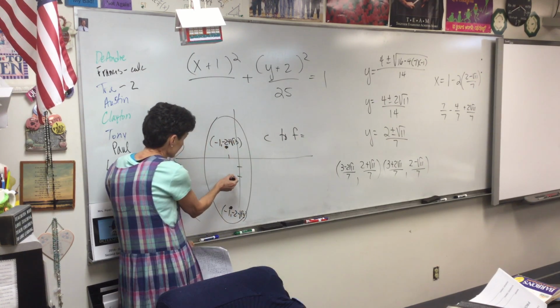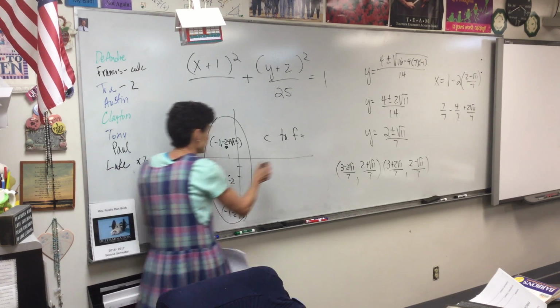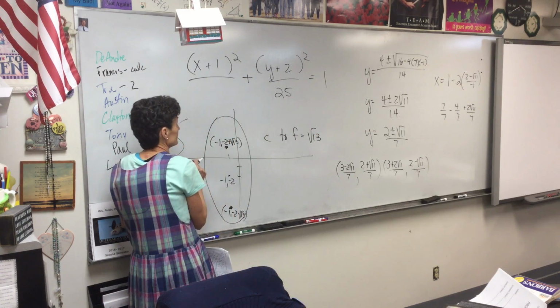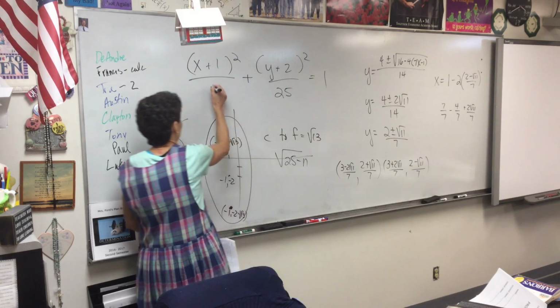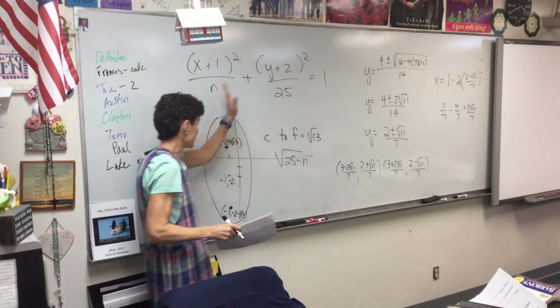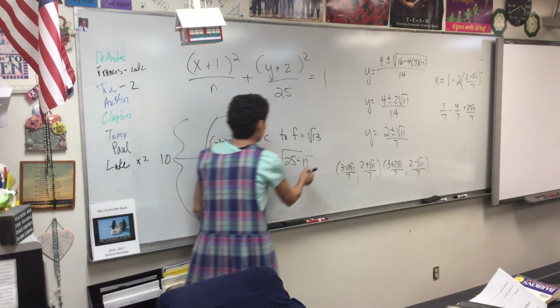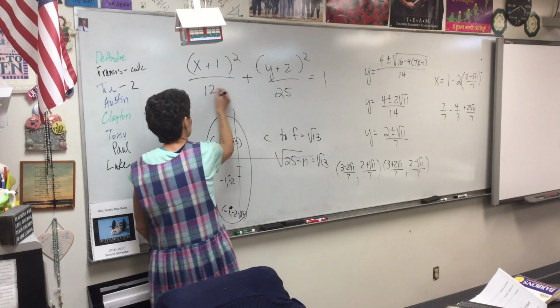Root 13. And I know in an ellipse, if I take the square root of the big one minus the little one, and I know that's the big one because that's the major axis, I have to get root 13. So somebody said, is that a 12 under there? And it is a 12 under there.